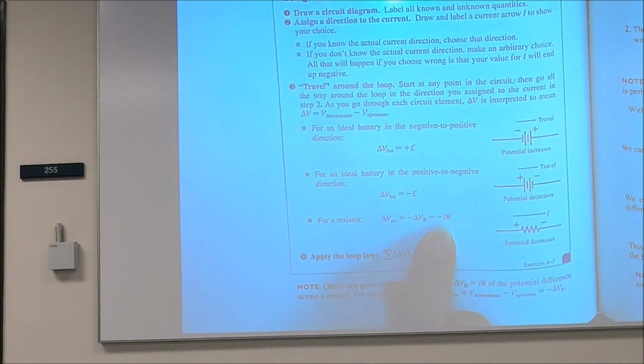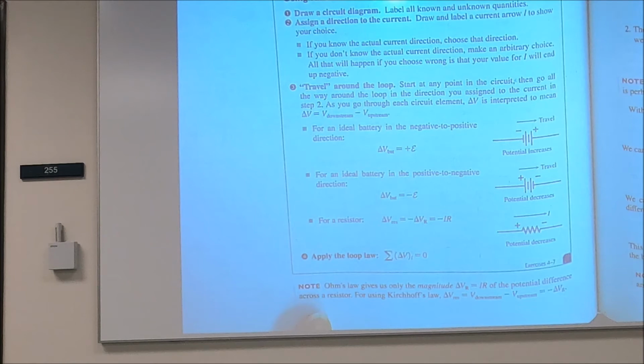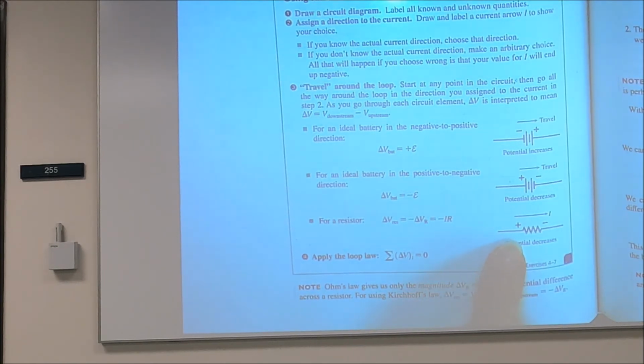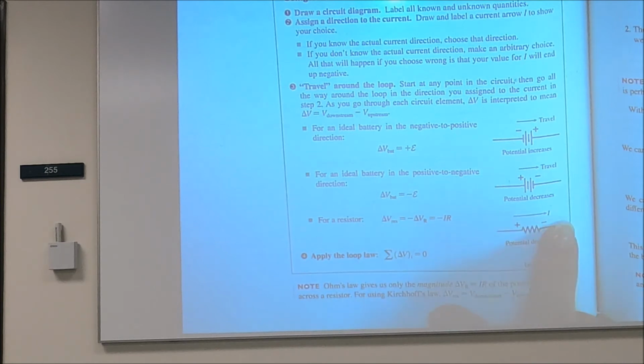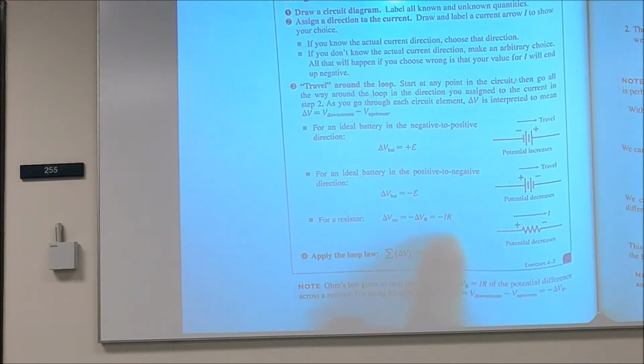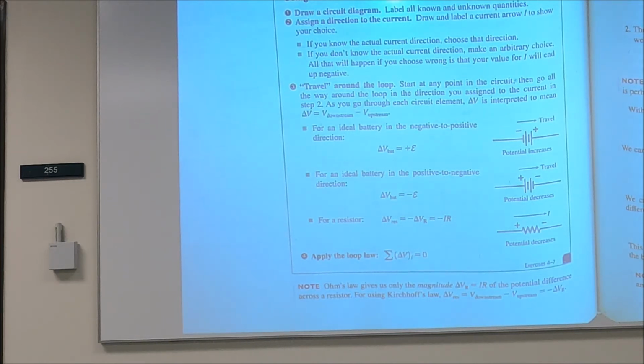If we were to go through a battery from positive to negative, we have delta V being negative. And if we go from one side of the resistor to the other side in the direction of current flow, we have a potential drop of minus IR. And if we apply the loop rule, going all the way around the loop, delta V is 0.